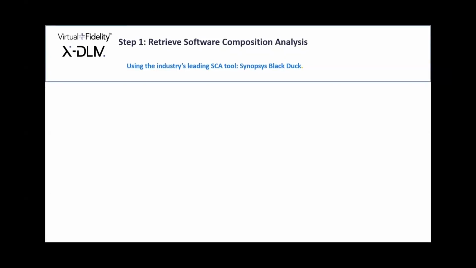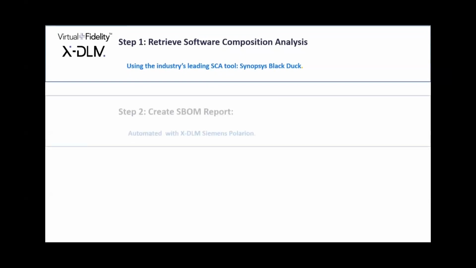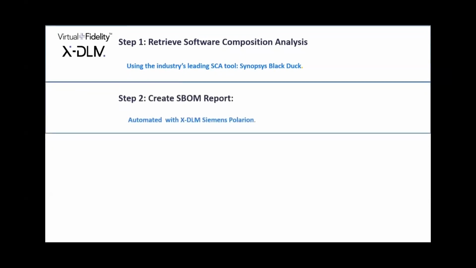This alleviates the time-consuming, error-prone task of trying to incorporate this data manually. Next, X-DLM will automatically create software bill of materials reports in Polarion in various NTIA compliant human readable formats. This expands the understanding of software supply chain management beyond the realm of engineer.